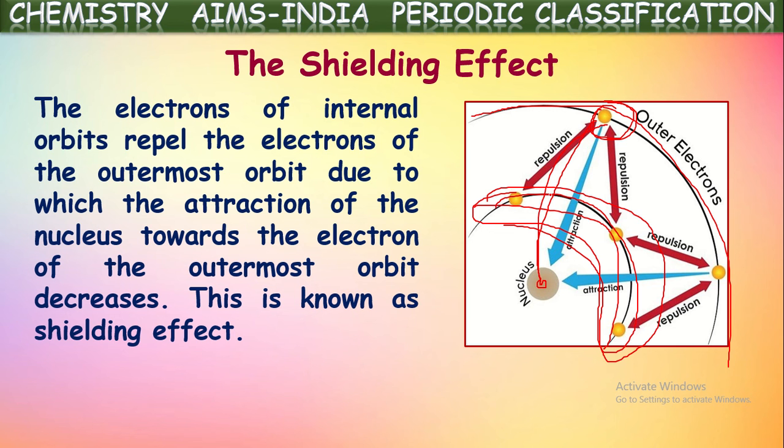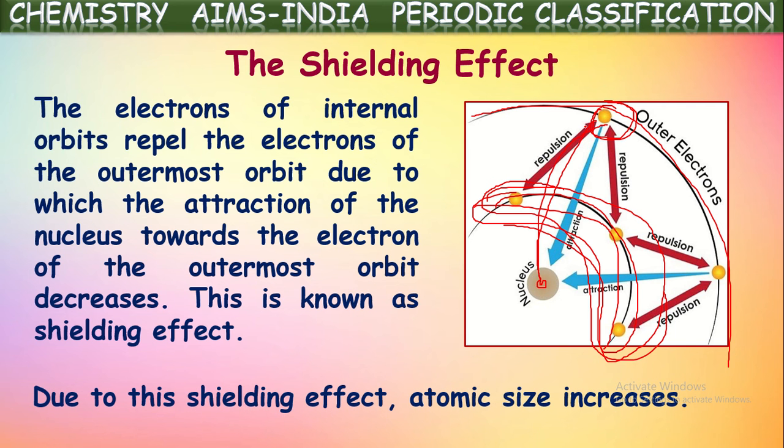But in the case of lanthanoids, these inner electrons shield the outer electrons very poorly because of the dispersed shape of the 4f subshell, and hence size decreases. Due to the shielding effect, generally atomic size should increase. But in lanthanoids, this shielding effect is very small, and hence size decreases. This decrease in size we call lanthanoid contraction. Okay.